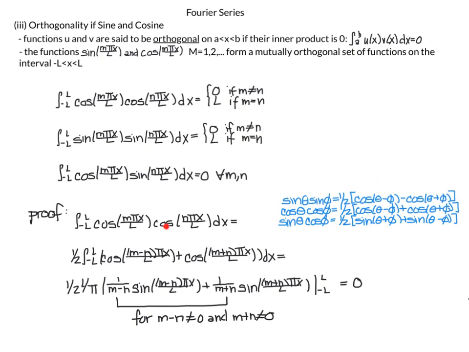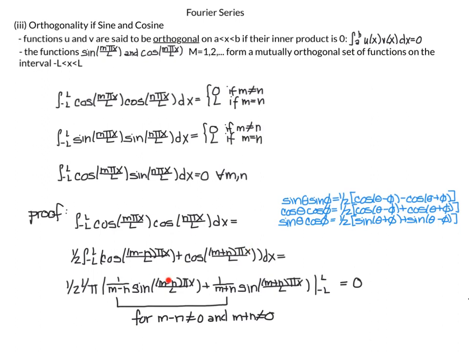So here I have two cosines with different periods, so I'll be using this trigonometric identity. So this integral of cosine m pi x over L times cosine n pi x over L will be equal to, here I subtract and then I add. So cosine of (m minus n) pi x over L plus, and this is where I add, cosine of (m plus n) pi x over L dx.